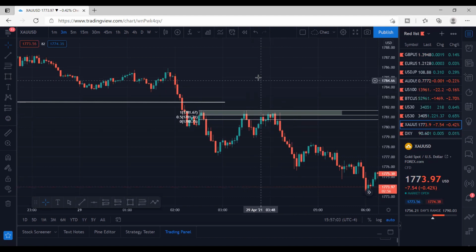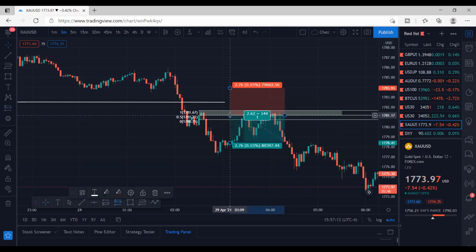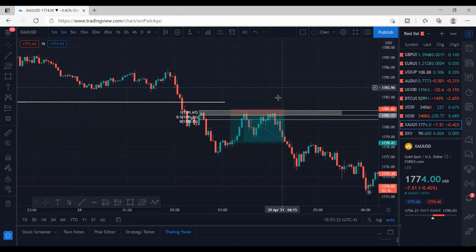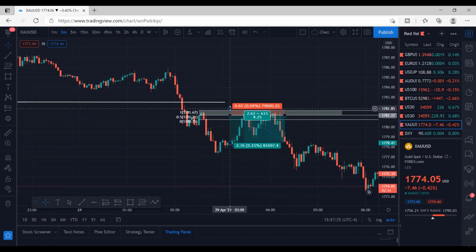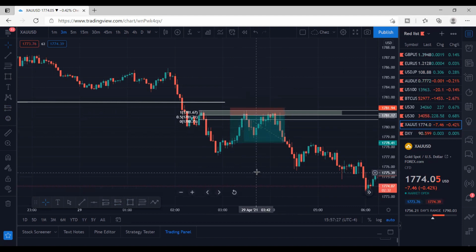So now to enter, let's get the short tool. Our entry would be at this point right here. We'd have the stop loss a little bit above here, just a couple of pipettes or pips or whatever, just in case the spread wants to take us out.